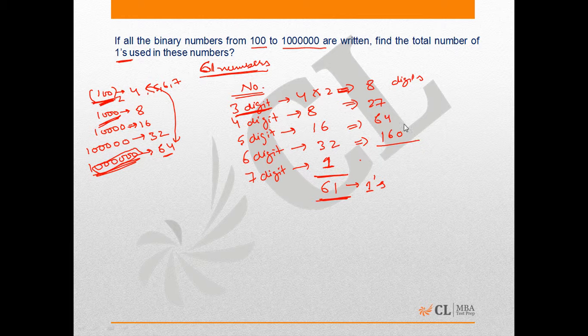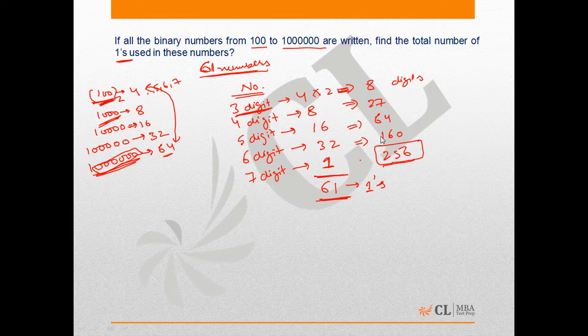When I add up all these digits, I will get 256 digits in total. One thing more: apart from the first digit in all these numbers, all the digits have equal numbers of zeros and ones, right?